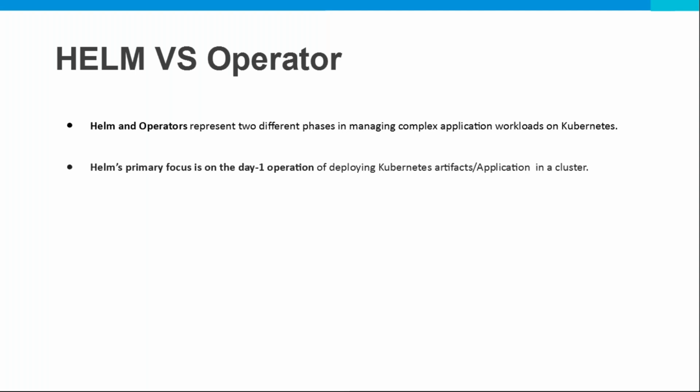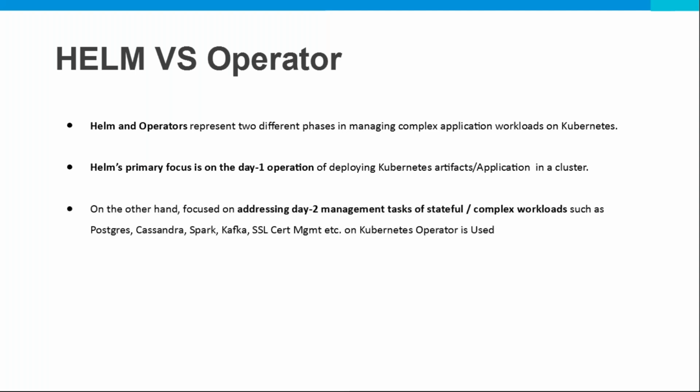Helm makes it easy for a user to maintain day-to-day activities like deploying your artifacts or application in a Kubernetes cluster and just maintaining the deployment. Whereas operator is majorly focused on addressing management tasks for complex workloads, such as maintaining SSL certificate management, Postgres control, and so on.